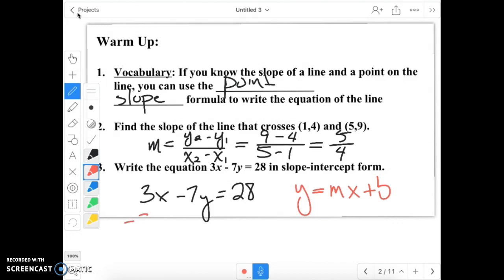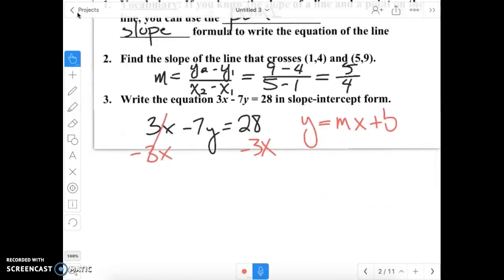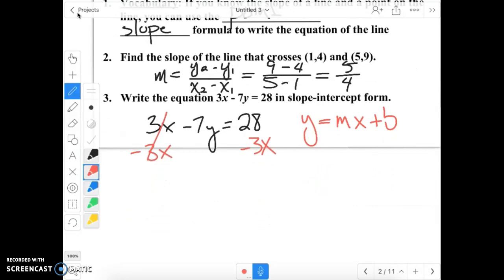So our first step is going to be to subtract 3x from both sides. Now, since we can't do 28 minus 3x, since 3x has a variable, we would just rewrite those. So we'll have negative 7y equals, now I'm going to write that negative 3x first, just so that it lines up with our slope-intercept form, and then it'll be plus 28.